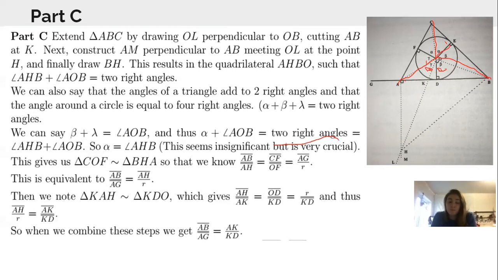So this is very crucial that we can see that angle alpha is the same angle as angle AHB. So where's angle AHB? You see how this right here is the same as this angle right here? They're the same angle. So this seems insignificant, but it's very crucial.